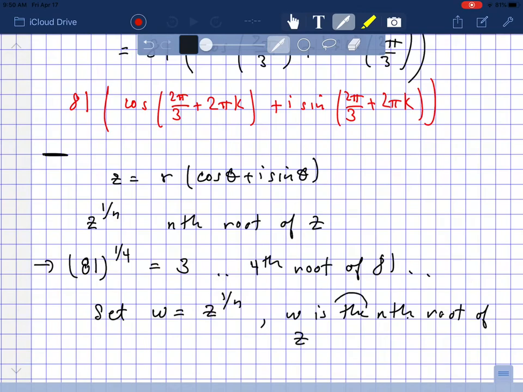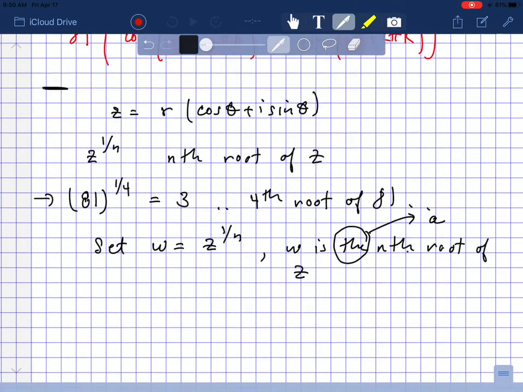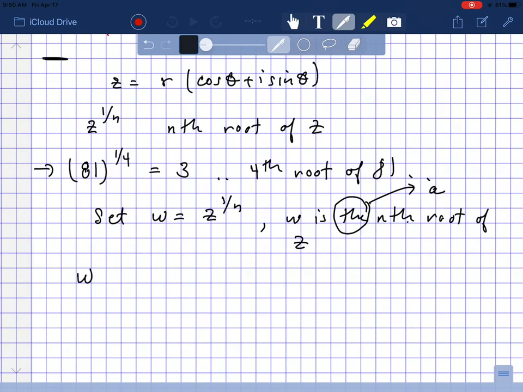And here I have to be a little bit careful because I'm saying the nth root of z, but in point of fact, we're going to find that there are a number of nth roots of z. So I should really say an nth root of z. Well, what does that mean? That means that w to the n power is equal to z. Okay, so if w is an nth root of z, then w to the n power is equal to z.